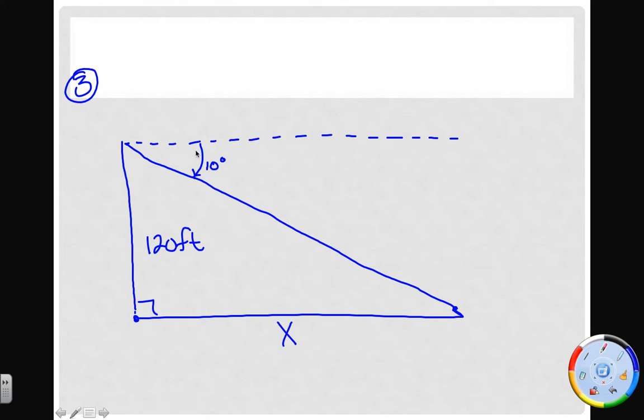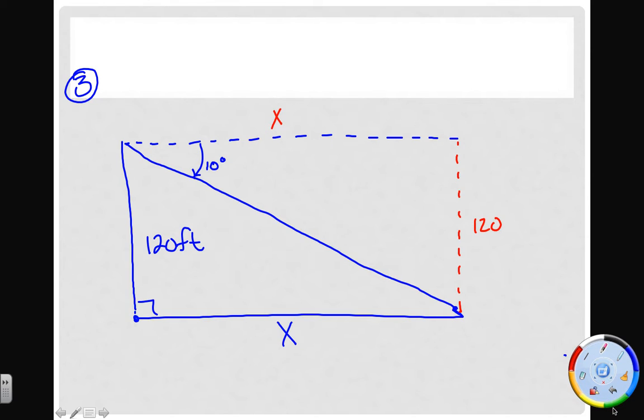We can use the straight up 10 degrees, or we can figure out what the angle is inside the triangle. And it's up to you. One way we can think about this is if we had the triangle out here, this 120 is actually the 120 out here, and this x is actually up here as well.